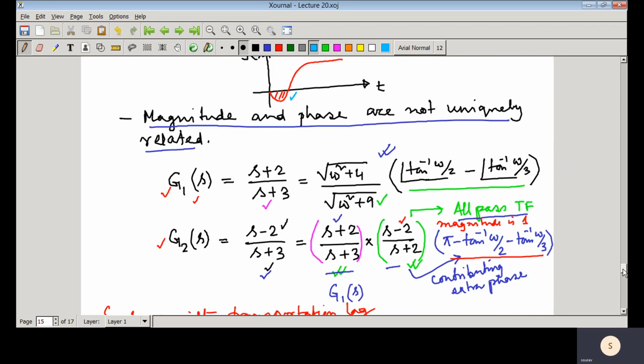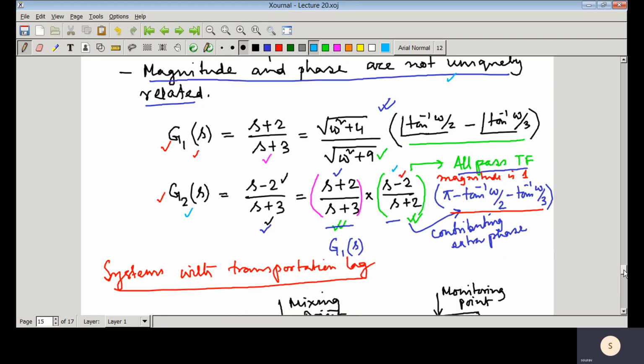And we have seen why it is called non-minimum phase, because magnitude and phase are not uniquely related. We took one example, G1 and G2. Although their magnitudes are the same, G2(s), because of the zero on the right half of the S-plane, contributes some extra phase. So the phase of G2 is not minimum. That's why it is called a non-minimum phase system.